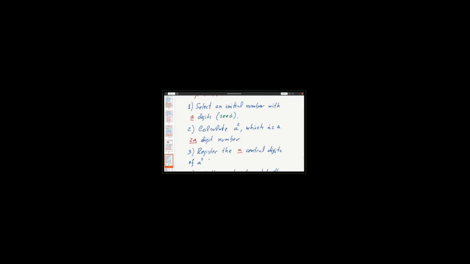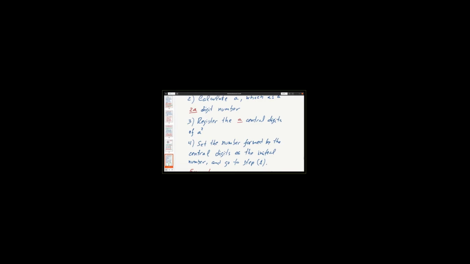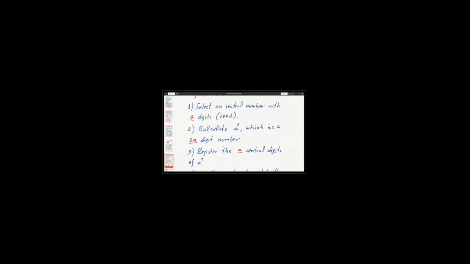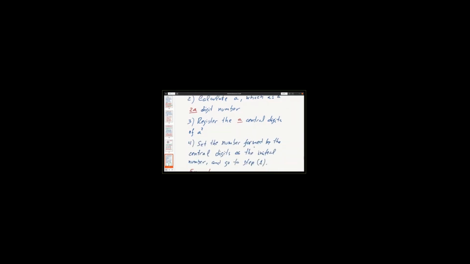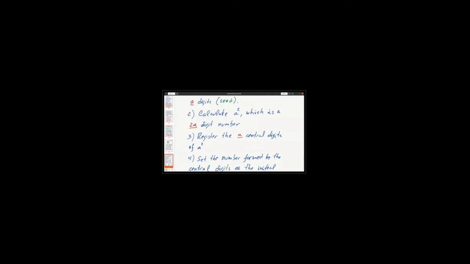Then the number formed by the central digits is the new seed, and you go back to step 1, and then you generate another one. So this process can be written as software, and of course it's very fast, and you can define random numbers with a number of digits A that's much larger than what we did with the chronometer.